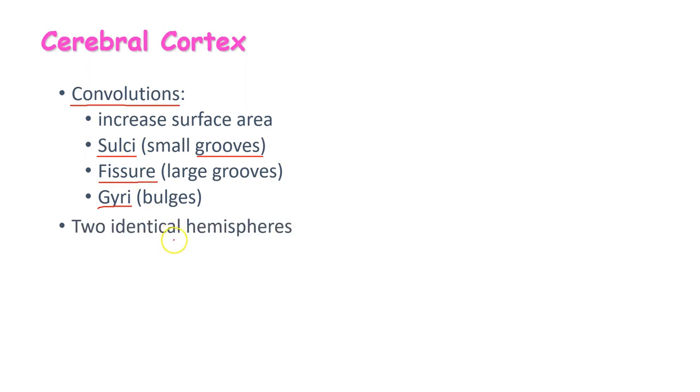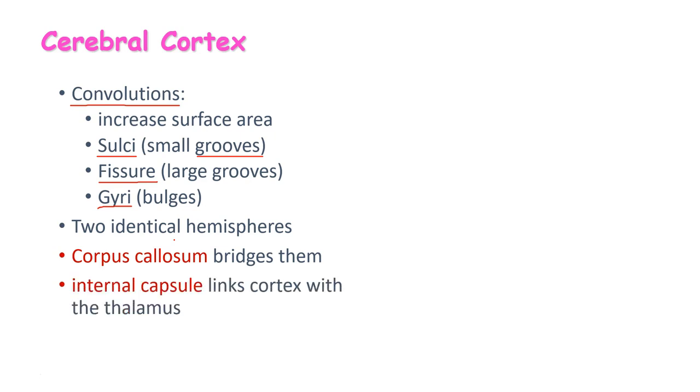We have two identical hemispheres, one on either side, and a major fiber tract, a white matter tract, bridges these two hemispheres, and it's known as the corpus callosum. The internal capsule is another bridge, another fiber tract within the brain. This particular bridge connects the cortex through to the thalamus.